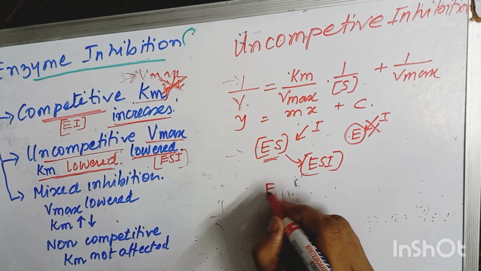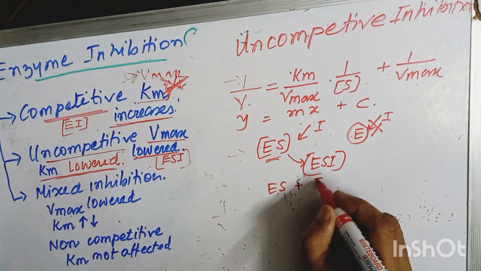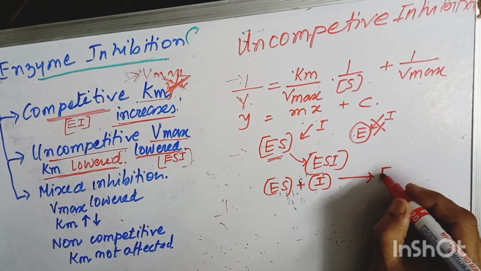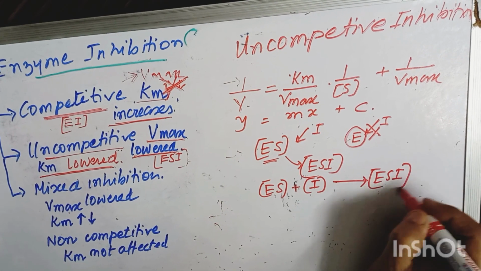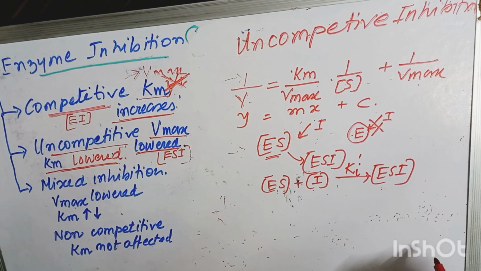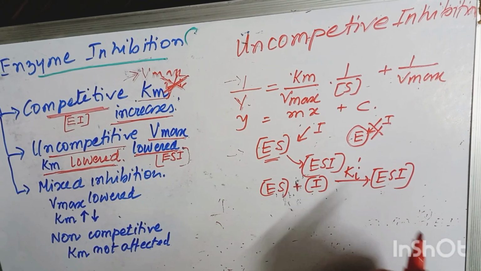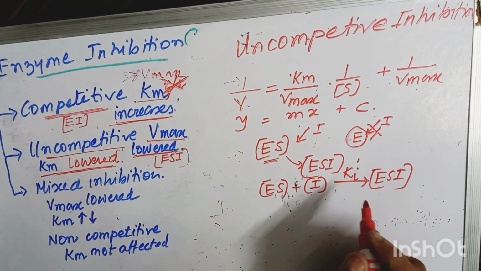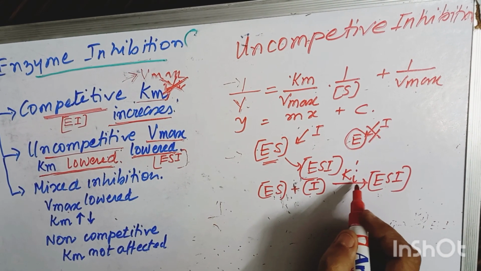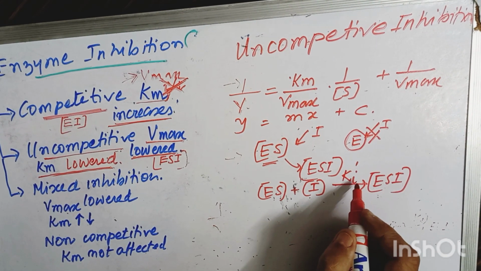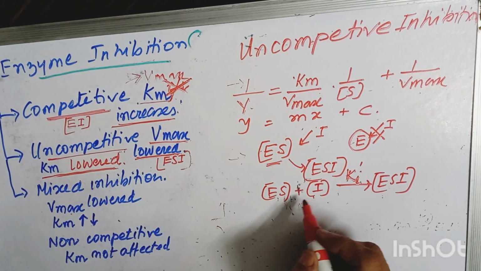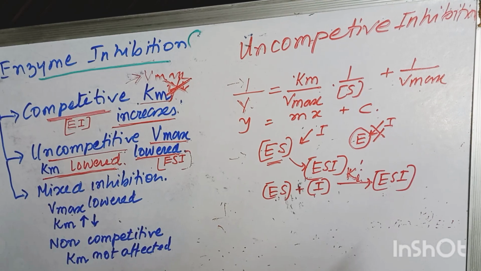This binding, ES plus I forming the ESI complex, has the constant Ki dash. This is the binding constant of the inhibitor with the enzyme substrate complex.